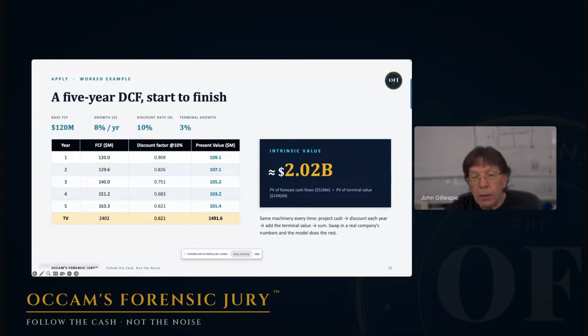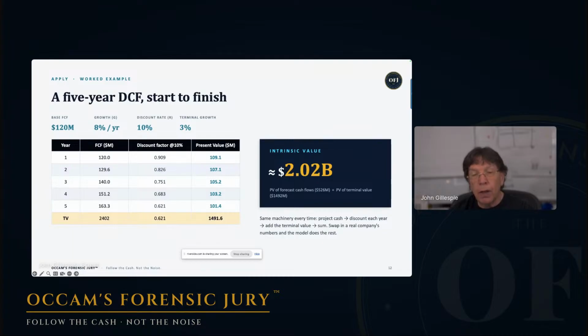And then base the free cash flow to 120 million. 8% growth, 10% discount, 3% terminal growth. And we want you to show each year's cash flow growing, the discount factor shrinking, and the present value column.